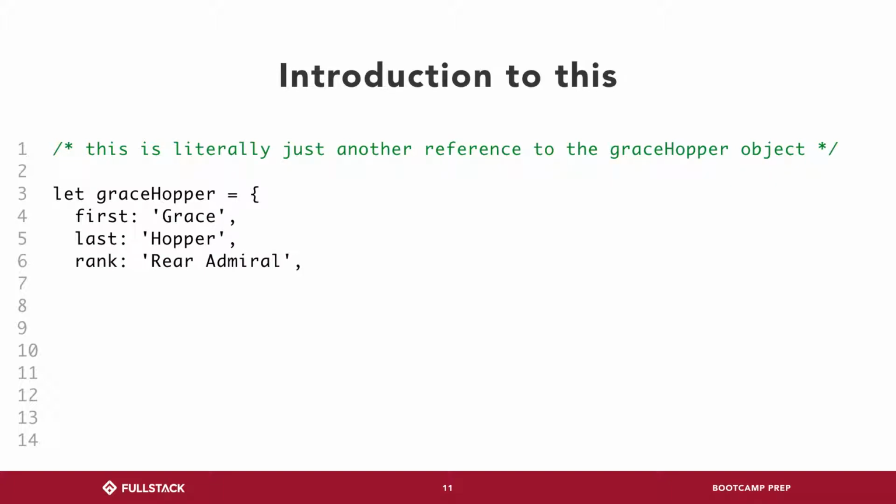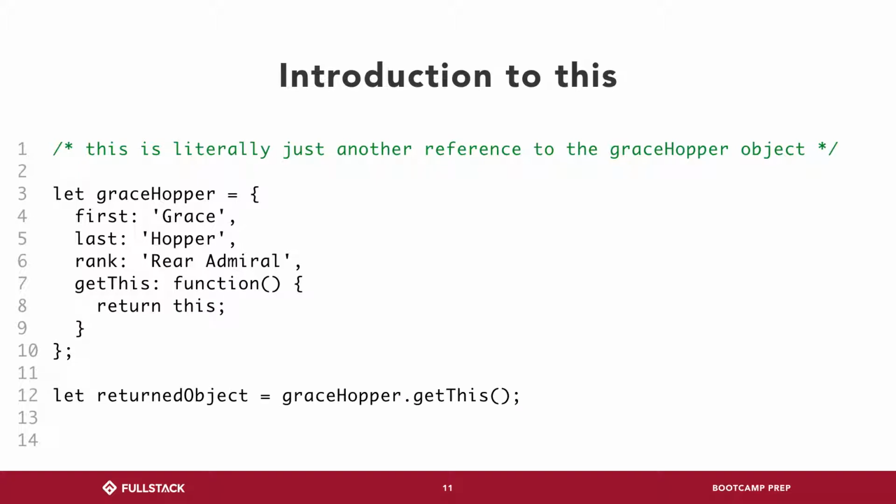So this is literally just another reference to the Grace Hopper object on which the function is defined. So in this case now, we can get back returned object. And returned object is a reference to this object in between the curly braces. So now both returned object and Grace Hopper refer to the same spot in memory.